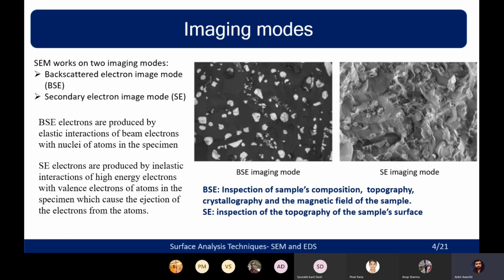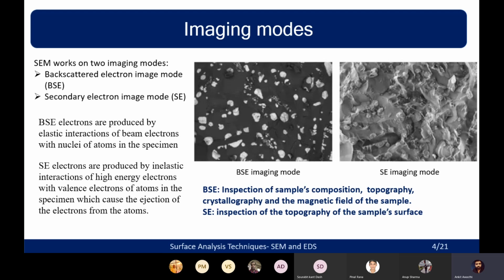So here you can see the example of these two kinds of imaging mode. What you get from this, see, here it mainly focuses on the topography. It doesn't discriminate between the elements which are present on the surface. So it looks like a surface having the same element, but there is a crater or depth present on the surface of the sample.